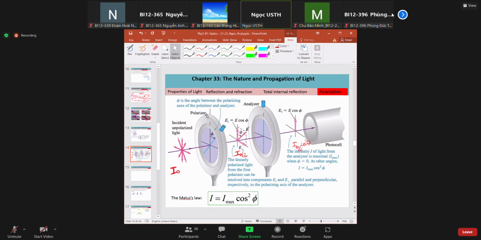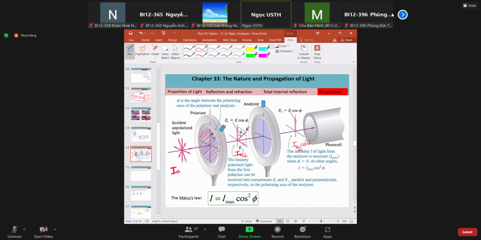A polarizer is a device, and let's imagine it is a picket fence like this, with many pickets. It's because of the structure of the material used to make these polarizers. Maybe I forget the name of the material. You can imagine it's a fence like this.